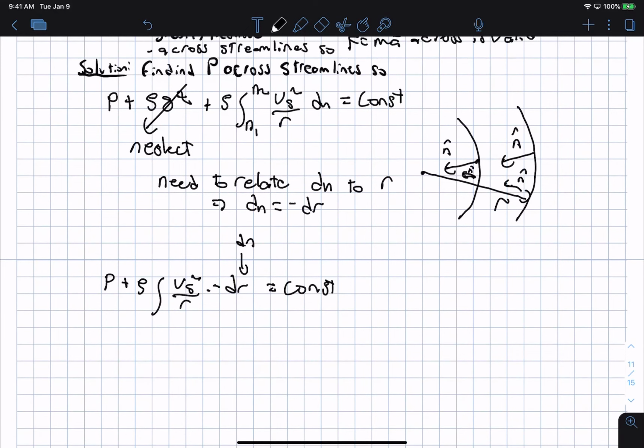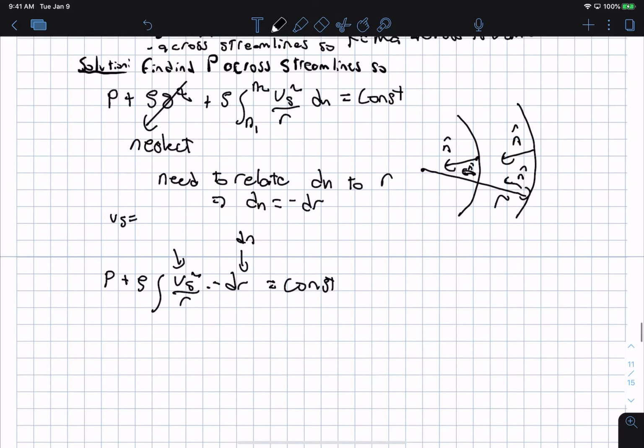Then we know that Vs equals some constant over R, so I can substitute that in. Then we have P plus rho times the integral of c squared over R cubed dr is equal to a constant.